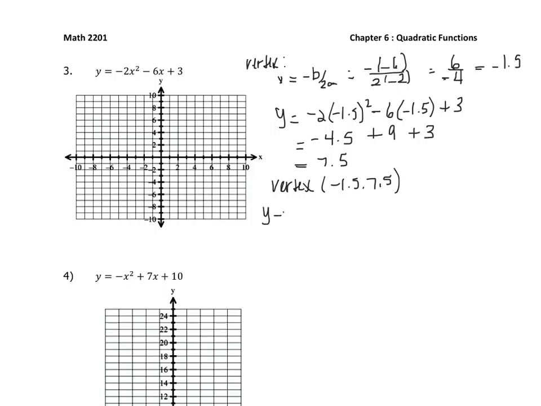And our y-intercept, again, when you plug 0 into the equation, you're going to get the constant 3. So we just plot those points, (-1.5, 7.5). So -1 is here, so -1.5 would be between -1 and -2. And then 7.5 would be between 7 and 8, so around right here. And then we have the y-intercept of 3, which is right here.